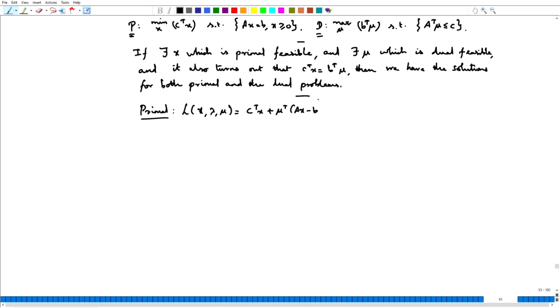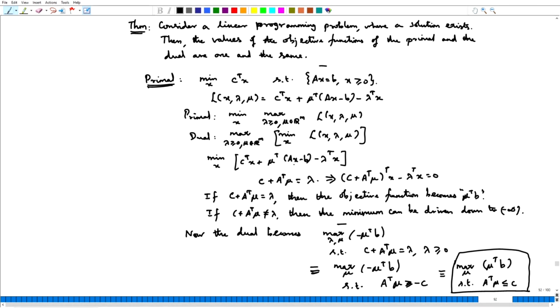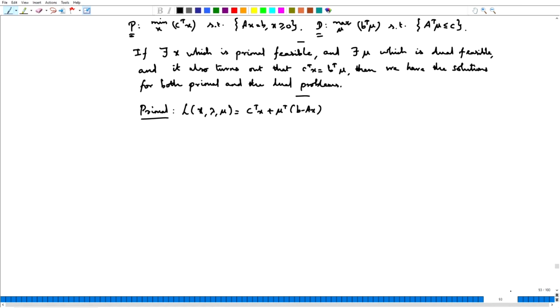It is good to write b minus Ax instead; if I had written that in the last class, I need not have done this taking the minus mu business. So let me do that now.